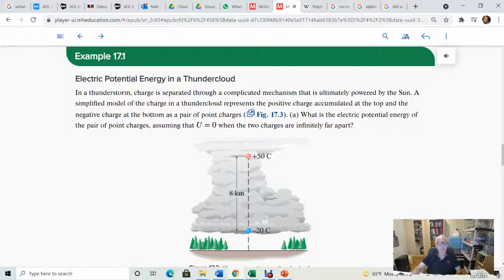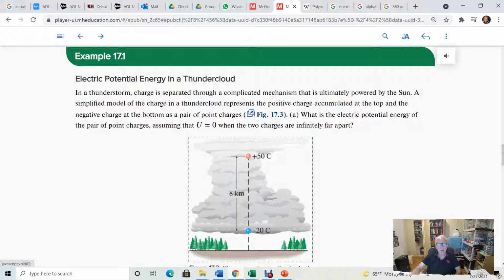A simplified model of the charge in a thundercloud represents the positive charge accumulated at the top, and a negative charge at the bottom of the cloud, a pair of point charges. Okay, what's the electric potential energy of the pair of point charges, assuming that U equals 0 whenever the two charges are infinitely apart?